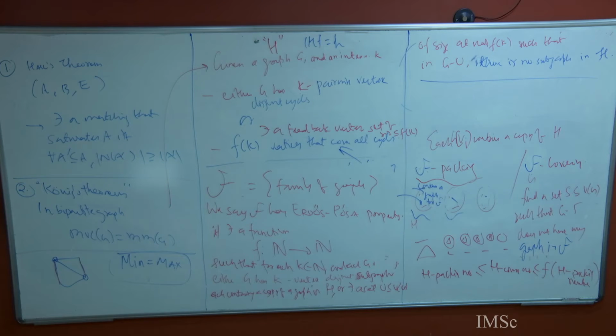So, look at a family of graphs. I say this family of graphs has the Erdos Posa property if I can come up with a function from natural numbers to natural numbers with the following property. Given any k and G, either I can find k copies, or I can find f(k) vertices that hit all the copies.